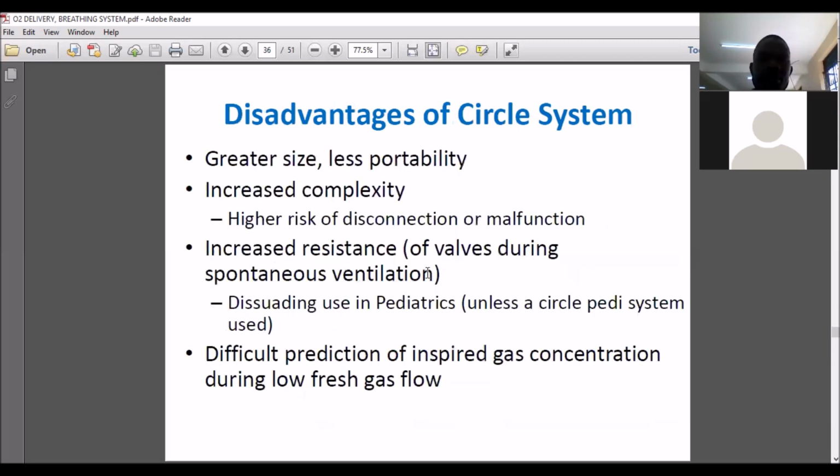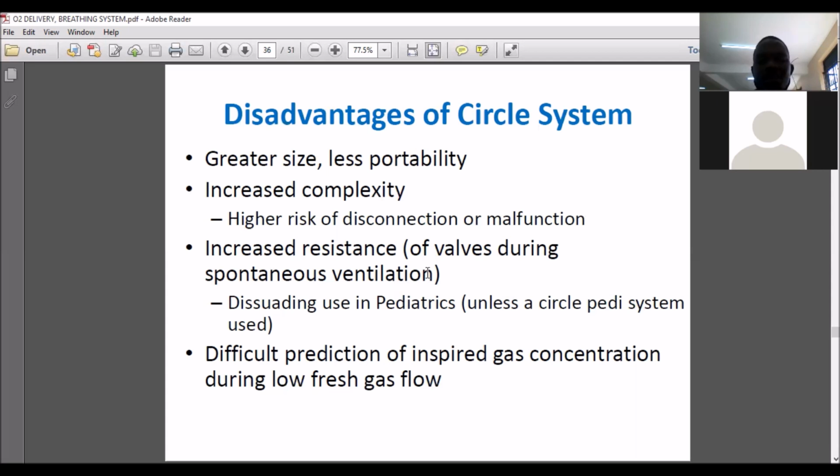Oh, going back. Disadvantages of a circle system. It has a greater size and lesser portability. The circle system is big, so you can't easily move with it. Then it has increased complexity and a high risk of disconnection or malfunction. That system has a lot of pipes, so it may have a disconnection and you think your system is working. Increased resistance because it has valves.